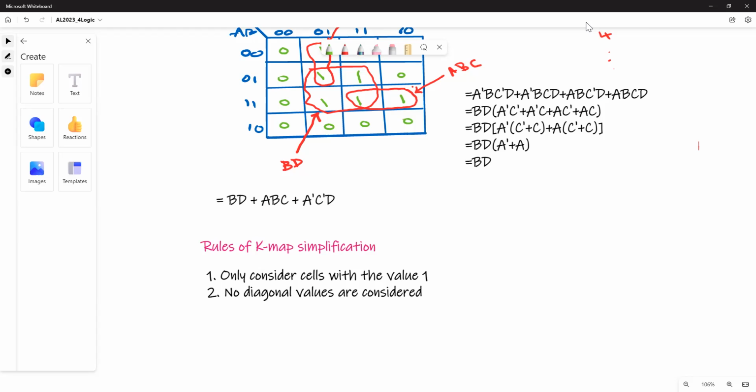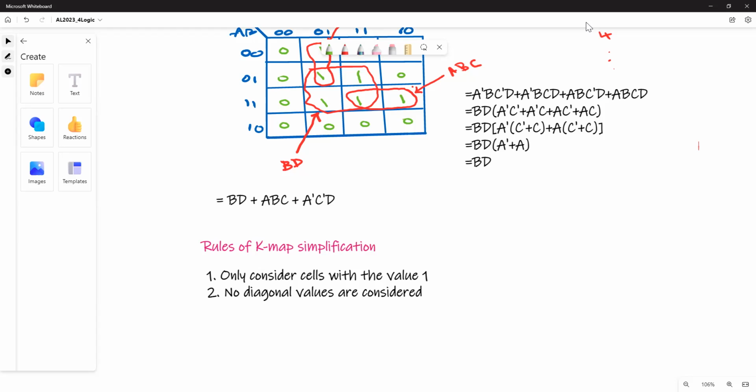No diagonal elements means if you have values in the diagonals, you cannot combine. Now let's say we have diagonal elements like this, and if you try to combine like this, you cannot.